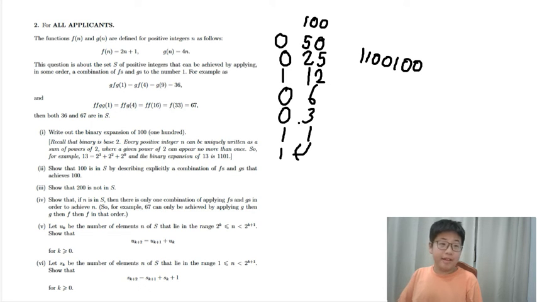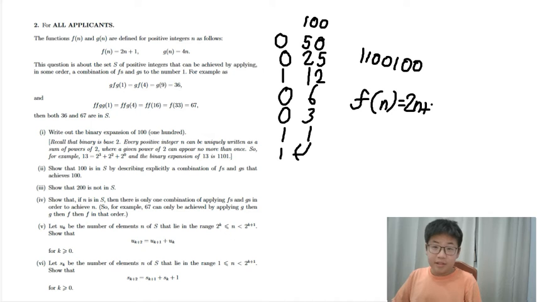There, isn't that great? Show that 100 is an S by describing explicitly a combination of F's and G's that achieve 100. Now what do F and G actually do? Let's write down F. What this is telling us is that it's appending a number to some binary string.